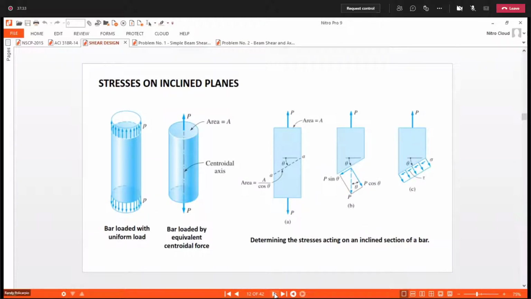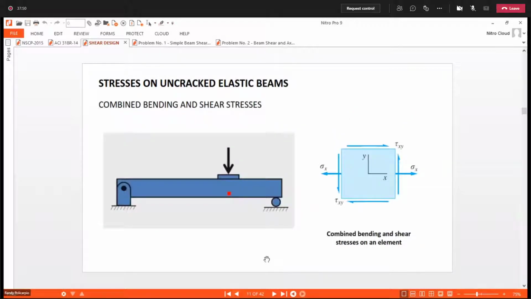Okay, so how about considering an inclined surface or an inclined plane? How do we determine the shear? Let us observe again.